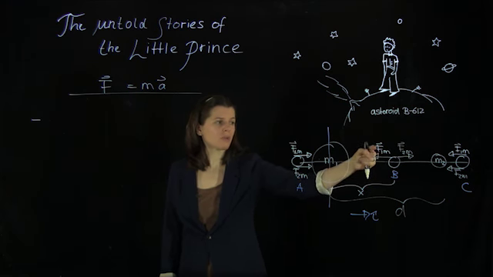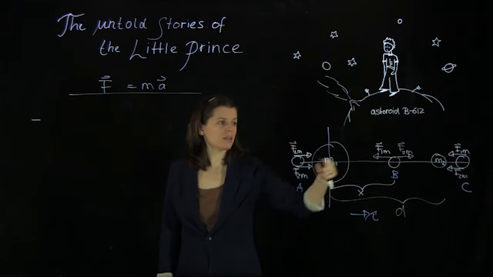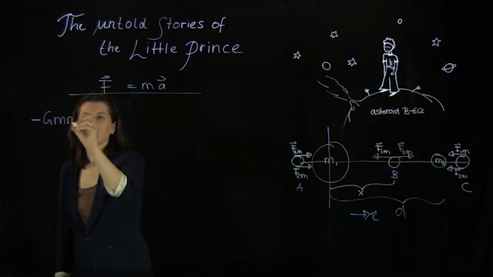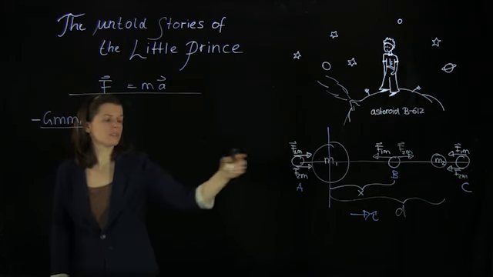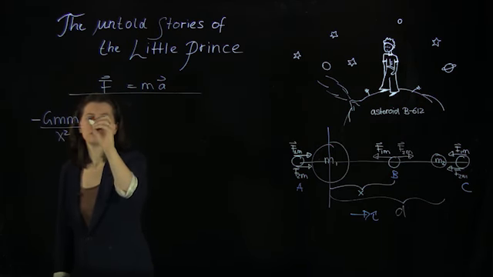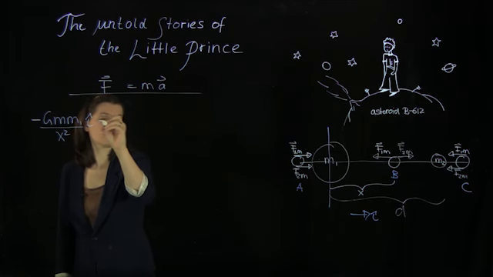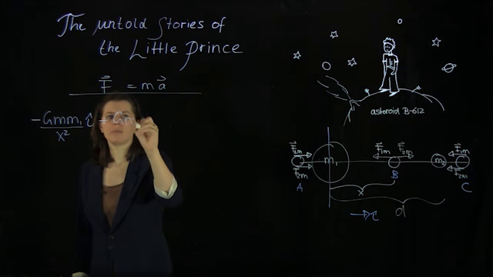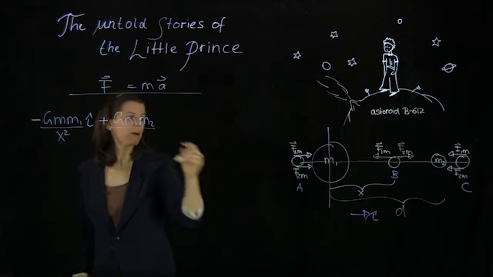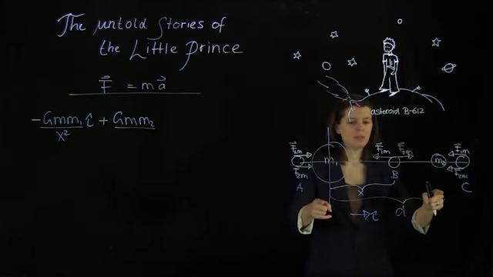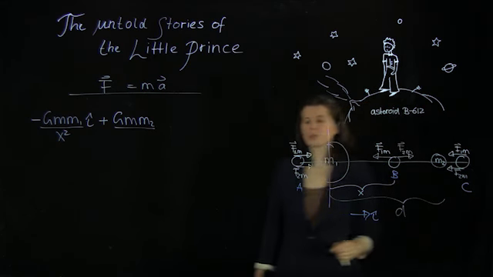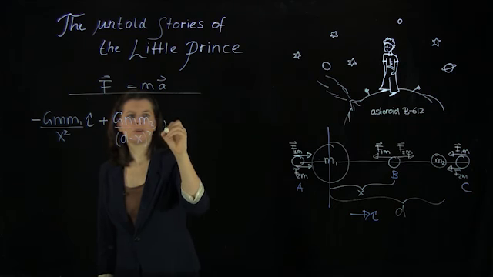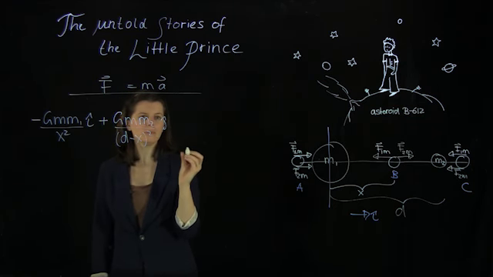And if we start with F1m, that goes in the negative i hat direction, so minus G m m1, and the distance is x squared in the i hat direction, and then the other one goes in the plus i hat direction, and we have G m m2, and now we have d minus x gives us this portion, d minus x squared also in the i hat direction.